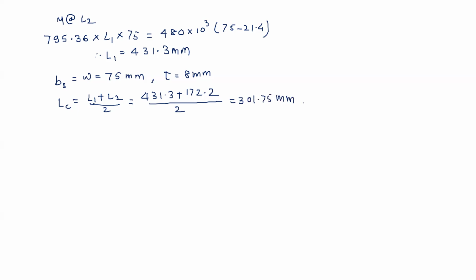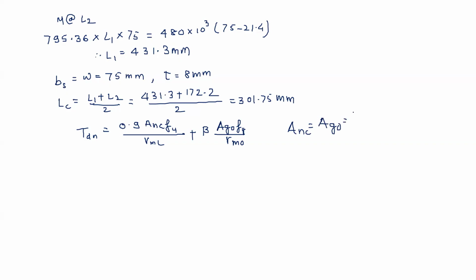And then we can calculate TDN equal to 0.9 ANC Fu upon gamma m1 plus beta AGO Fy upon gamma m0. And then we can put ANC equal to AGO, because in a welded section both are the same.